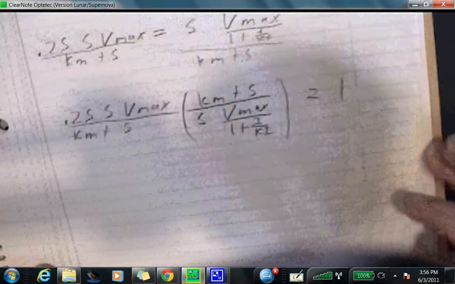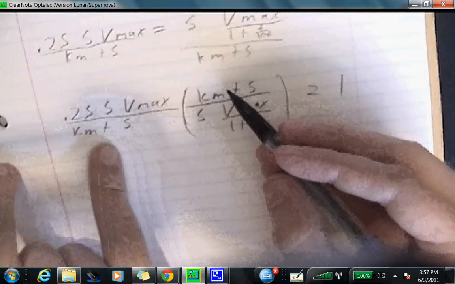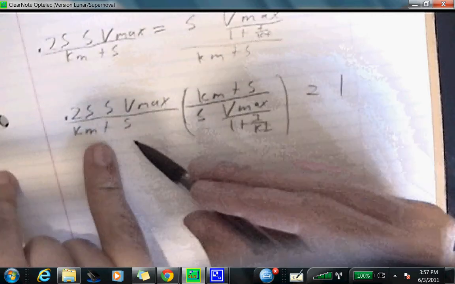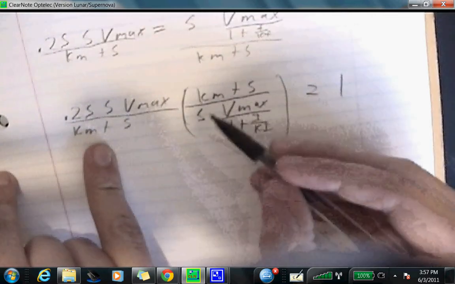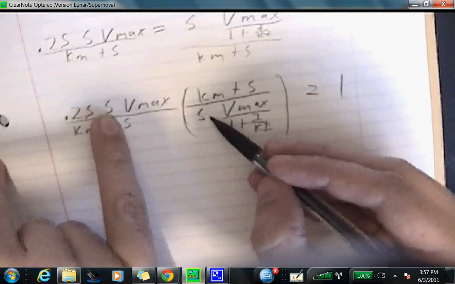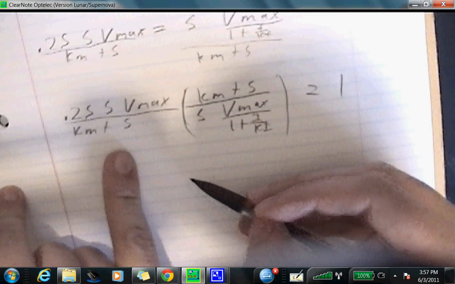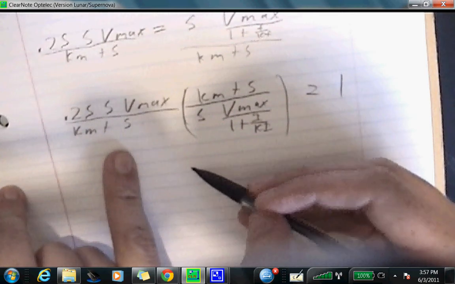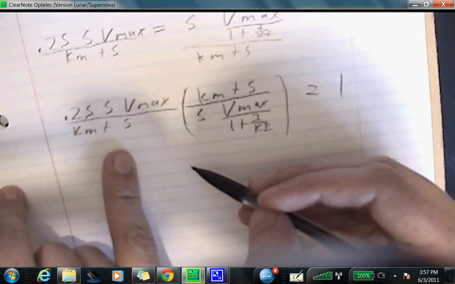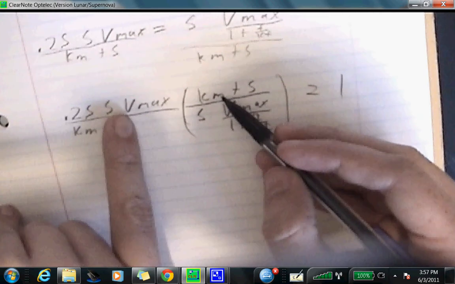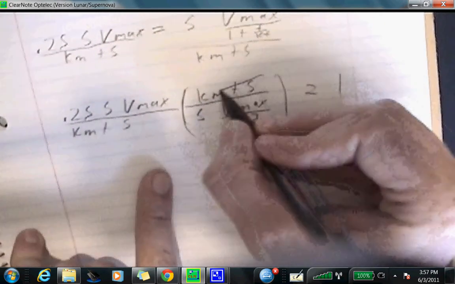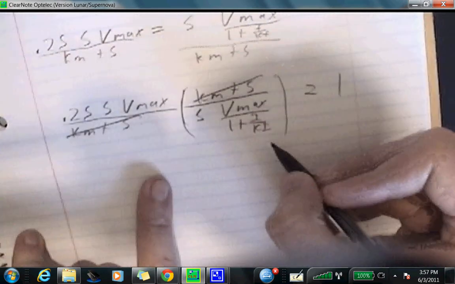Okay. So now that we see that we have a Km plus S here and here, and we also have an S here and here, I'm only going to simplify things a step at a time. That way we can see step by step, but really you could simplify a lot of this stuff. But right now I'm just going to simplify this Km plus S. I'm going to simplify the S's as well.